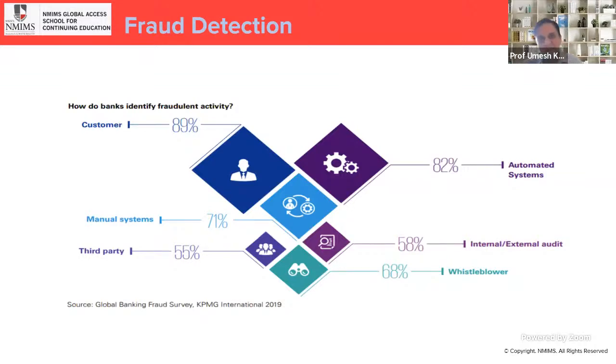Whistleblower, look at the power of the whistleblower. Two-thirds of the fraudulent activity is highlighted by the whistleblower. Third-party consultants doing it for you, and about 55%, about 71% are still doing it through manual systems, which is incredible because obviously you can't invest, but that's happening at 71%.